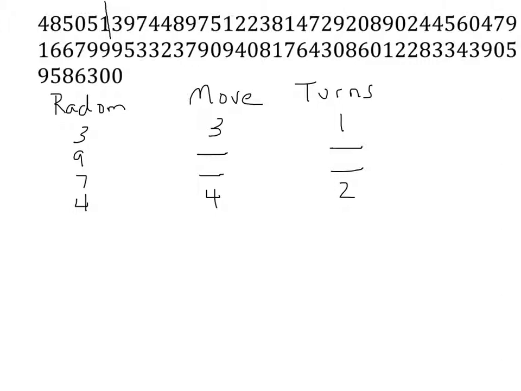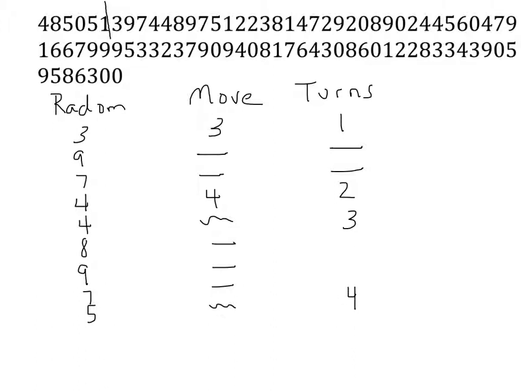So I'm looking for a 3. My next random number is a 4. I have to count it, but I can't move it. My next random number is an 8. I skip it. My next random number is a 9. I skip it. My next random number is a 7. I skip it. My next random number is a 5. I have to count that, so that is my 4th turn.